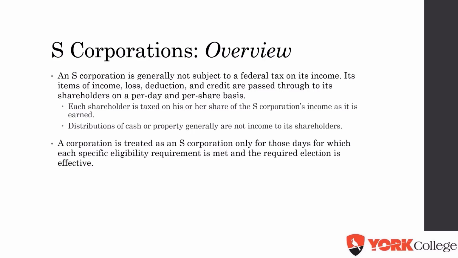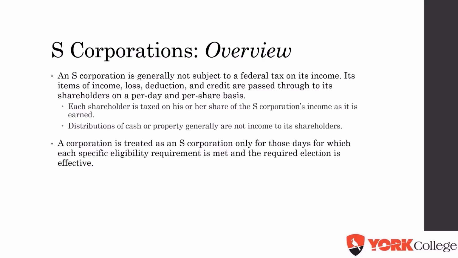So each shareholder is taxed on his or her share of the S corporation's income as it is earned. Then the distributions of cash or property are not calculated as income when doing this calculation. So a corporation is treated as an S corporation only for those days in which a specific eligibility requirement is met and the required election is effective.